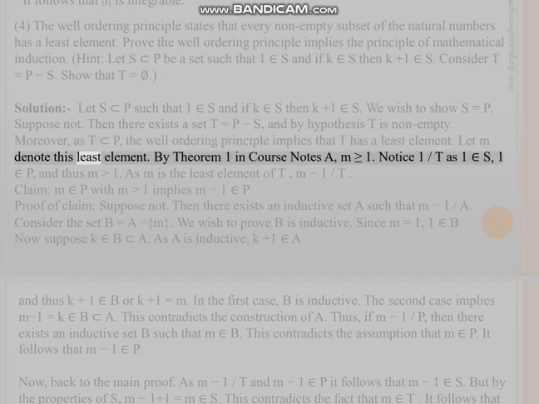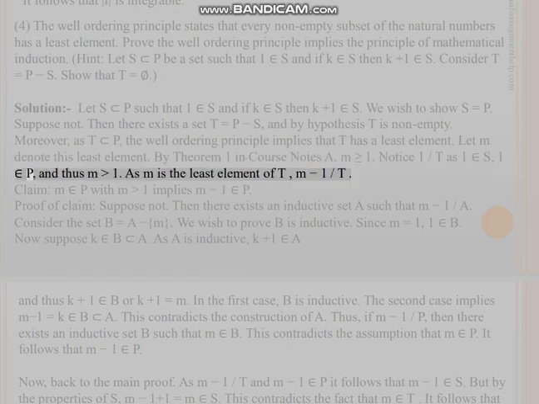Let M denote this least element. By Theorem 1 in course notes A, M is greater than or equal to 1. Notice 1 is not in T as 1 is an element of S, 1 is an element of P, and thus M is greater than 1. As M is the least element of T, M minus 1 is not in T.